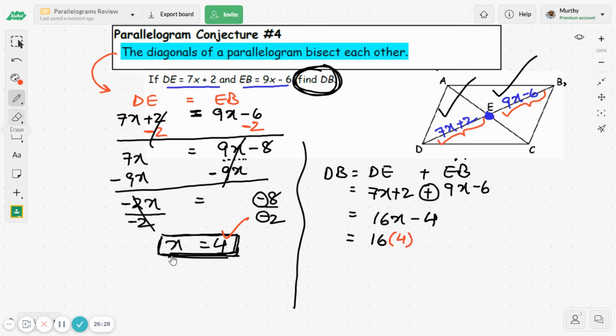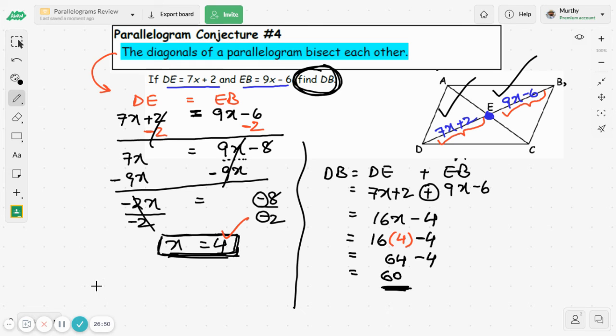So take 4 here, take 4 here. 16 times 4 is 64. Take away 4, you get 60. So 60 units is the length of DB.